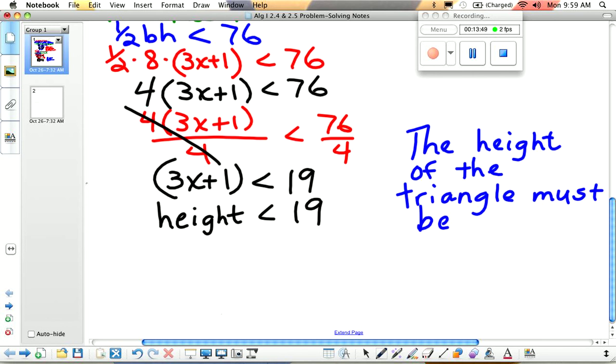Inches. It was measured in inches, wasn't it? Must be less than 19 inches.